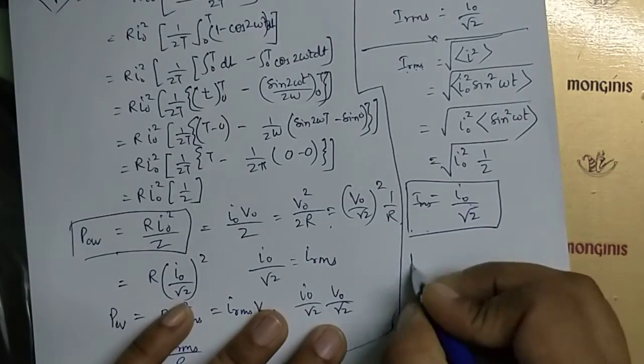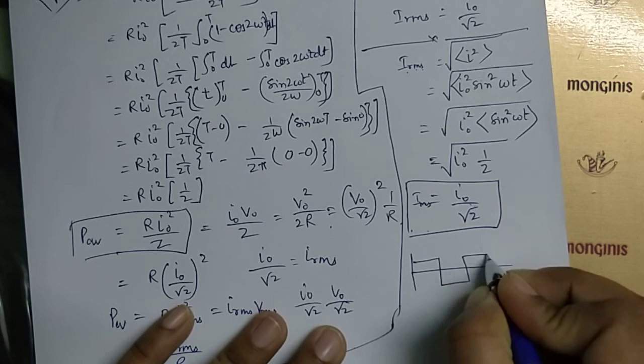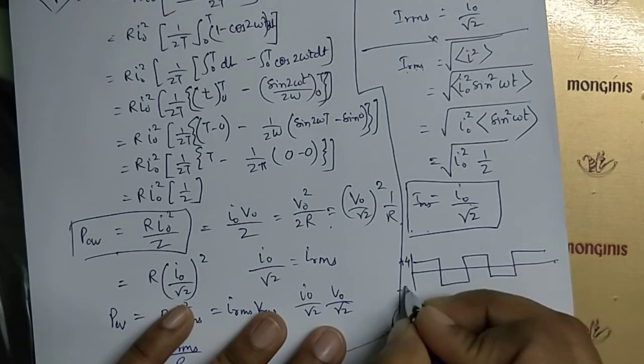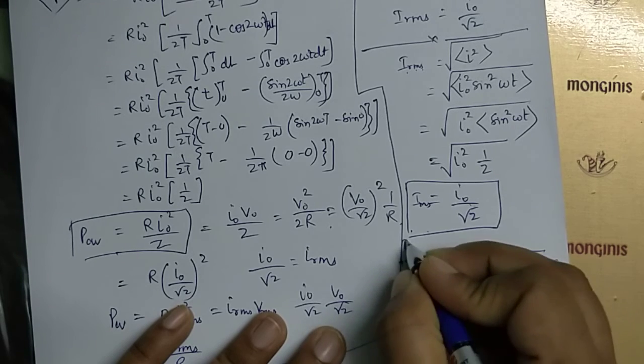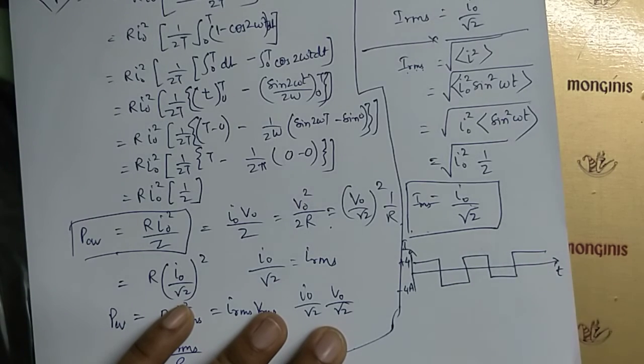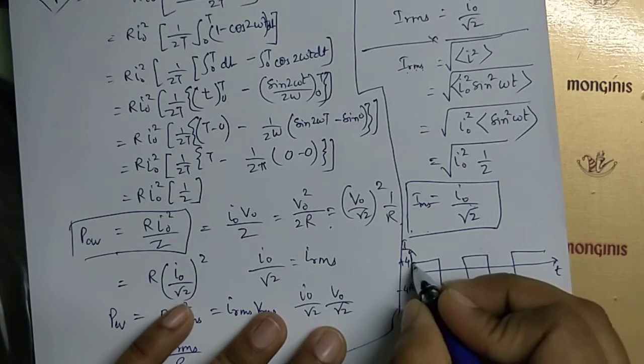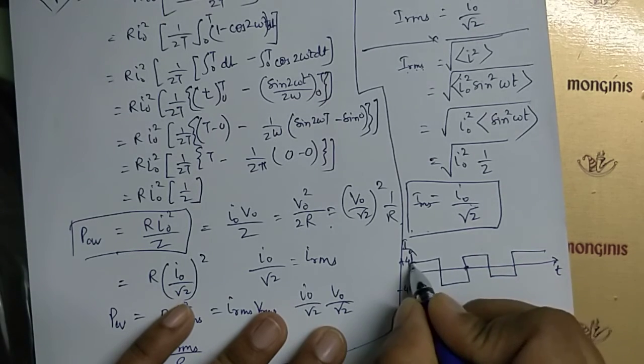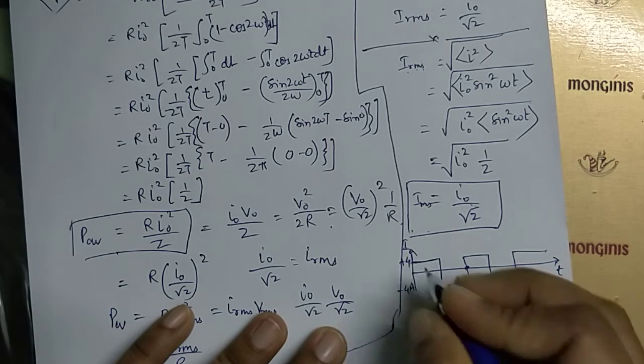But suppose you have a function like this. Here this is plus 4 ampere, this is minus 4 ampere. This is current versus time. Then what happens in this case when you find it for one complete cycle, from here to here it is one complete cycle, so you have to add the squares.